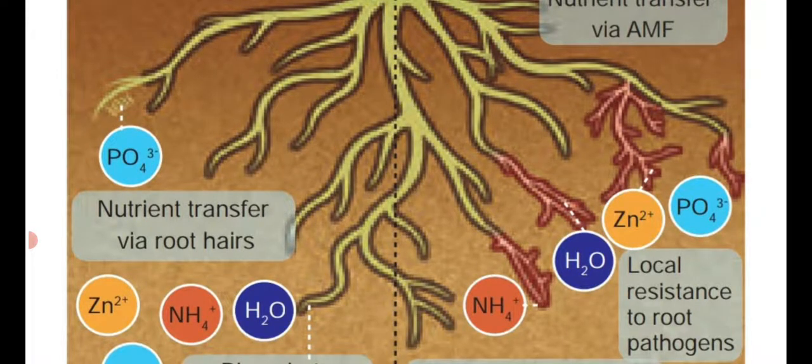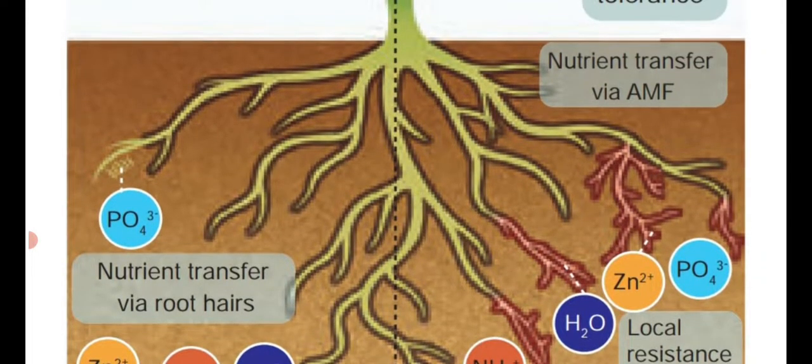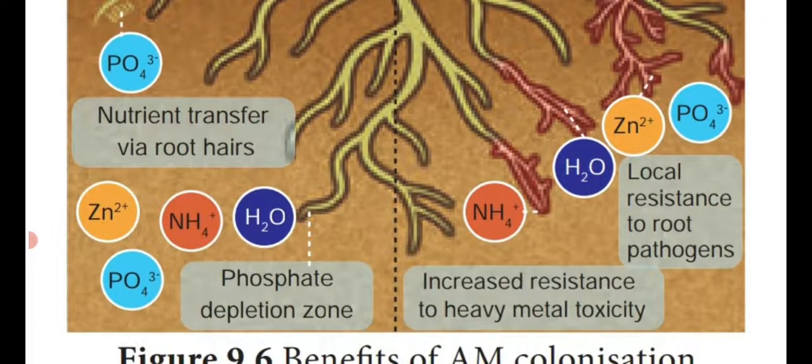Then through the root region, we are transferring the arbuscular mycorrhizal fungi. It dissolves the phosphate molecule. So the plants which are growing there show growth and development with resistance against leaf pathogens, root pathogens, and also resistance against heavy metal toxicity.